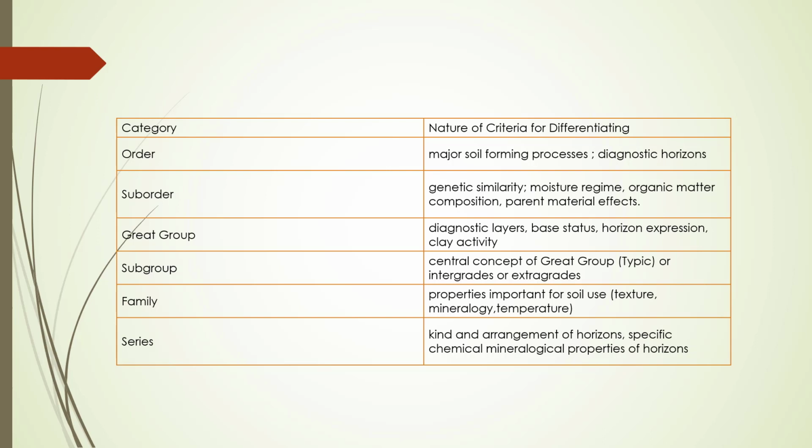This is diagnostic horizons. Family is properties important for soil use, such as texture, mineralogy, and temperature. And series is the other one that we're looking at, and that's the kind and arrangement of horizons, and specific chemical and mineralogical properties of horizons. We'll talk a little more about that in a minute.